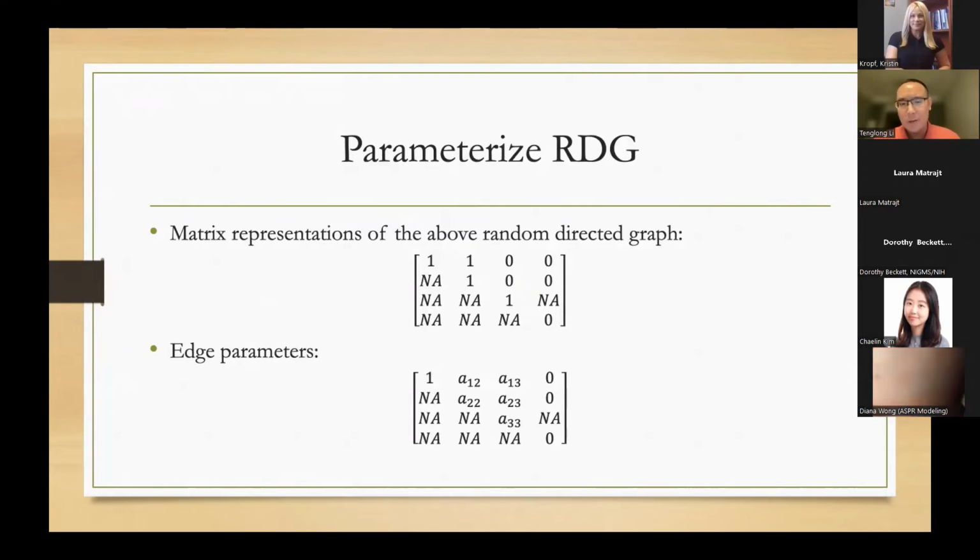Those A's represent different edges, where 1 represents the presence of an edge and 0 represents the absence of an edge. The essence of what we're trying to do is to impute those missing values, the edge parameters, along with estimating the transmission model parameters we're going to see in the next slide.